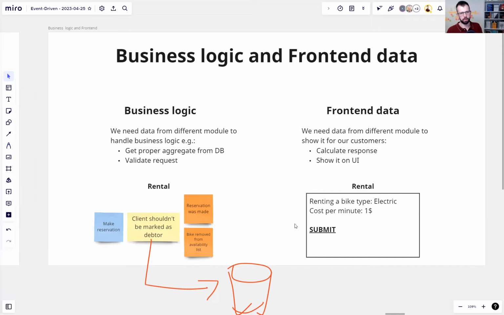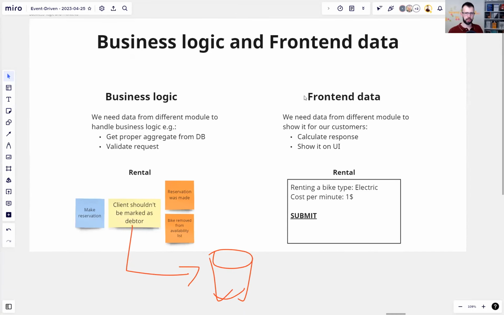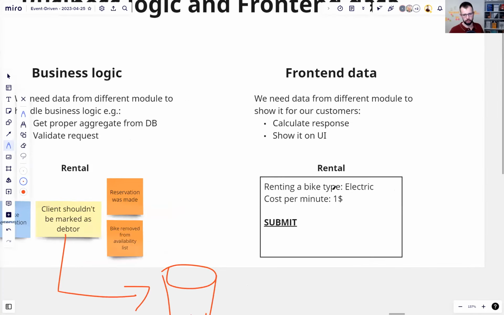Another problem could be connected with the front-end data, that we need to show data from different modules. We need data from different modules to show to our customers, to calculate responses or show on a UI. For example, we have a rental where you are renting an electric bike and it costs $1 per minute.